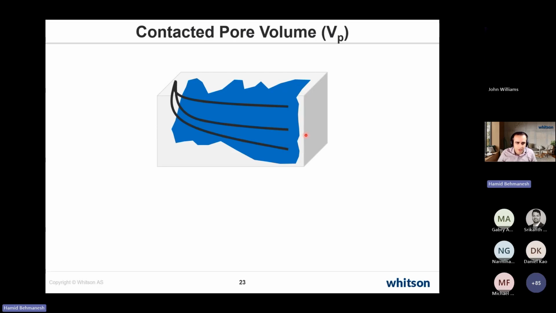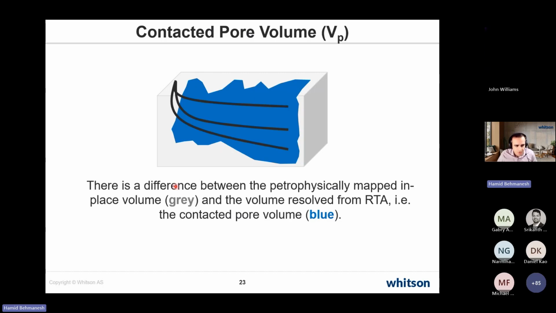What could be the potential reason? Let's say there could be quite a big differential between contacted oil in place and what's mapped by our geologists. To give you the root cause of this difference, which we constantly get questions about: FMB technique, what's wrong with the FMB?